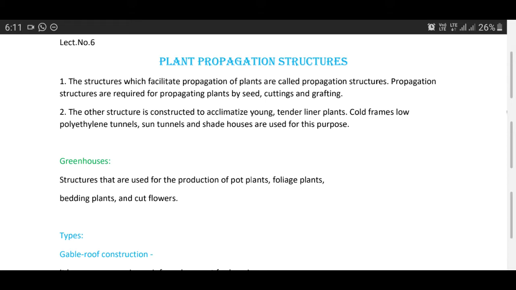If you are using glass, then it is called a glass house. If you are using shade net, then it is called a shade net house. So all these covered structures come together and are called greenhouses. Structures that are used for the production of pot plants, foliage plants, bedding plants and cut flowers.